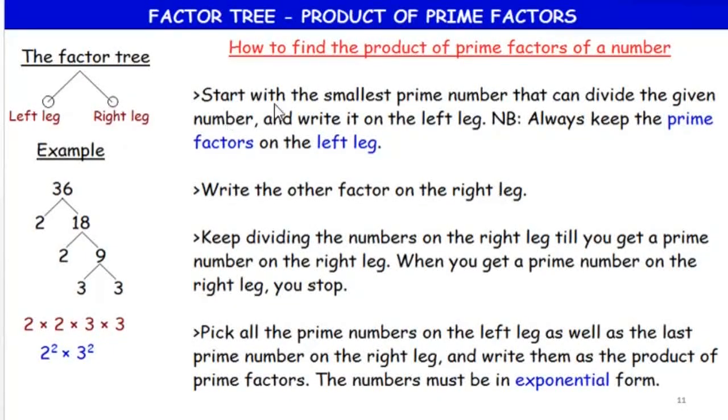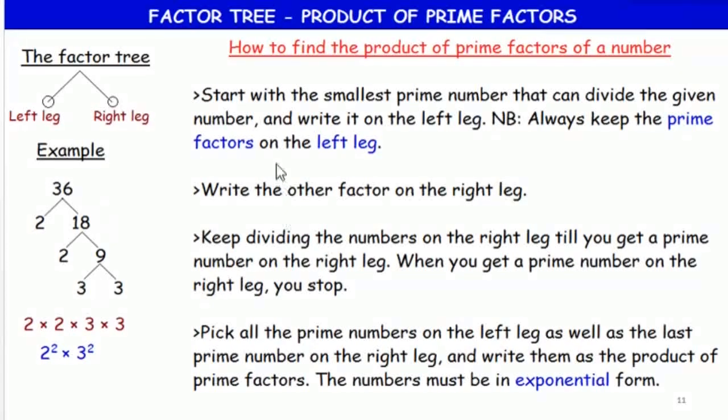Alright, so let's look at how to determine the product of prime factors of a number using the factor tree. To help us, we are going to pick an example here, so as I run you through the steps, I'm going to refer you to this example so that you can easily catch it.